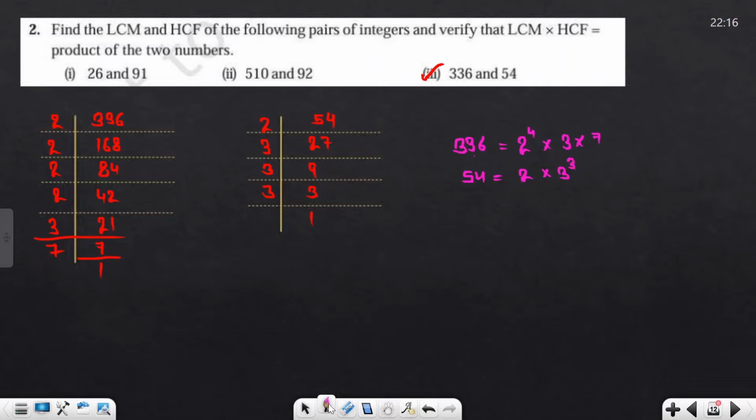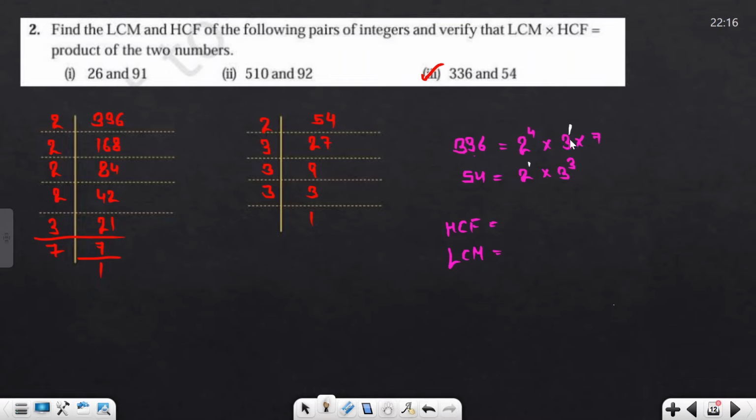Okay, again our target is HCF and LCM. So same concept here. Here the power is 1 and here power 1.